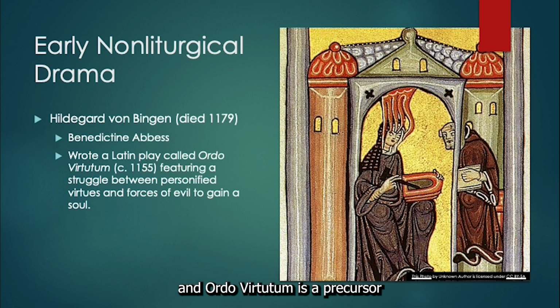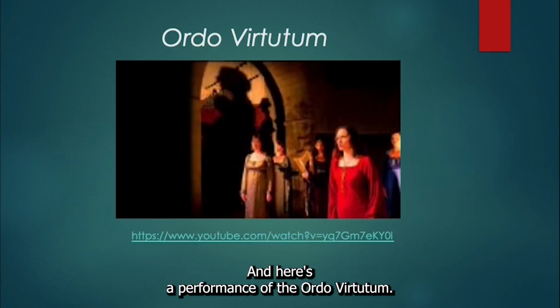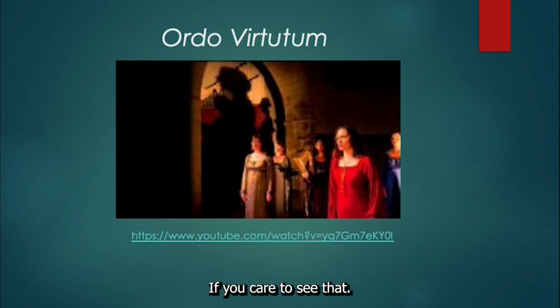Ordo Virtutum is a precursor of what would become the medieval morality plays, which often had to do with a human soul being torn between virtues and vices in their life. And here's a performance of the Ordo Virtutum, if you care to see that.